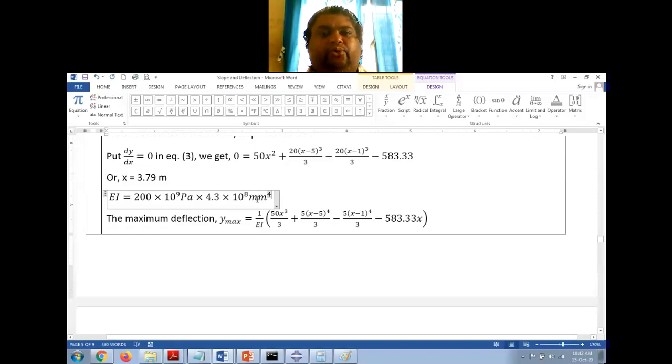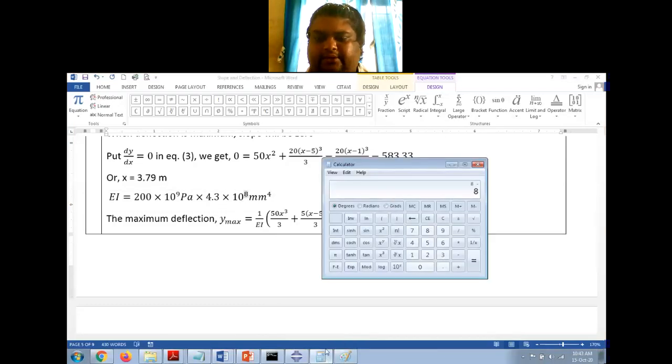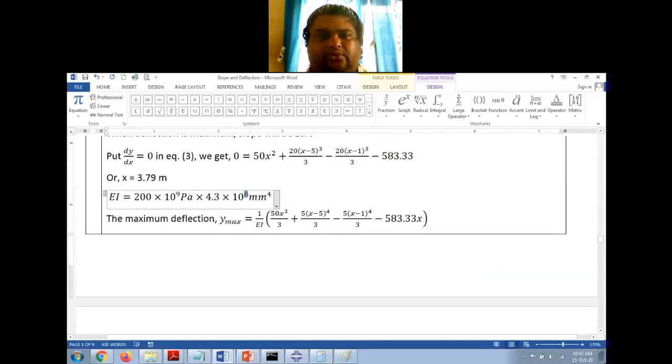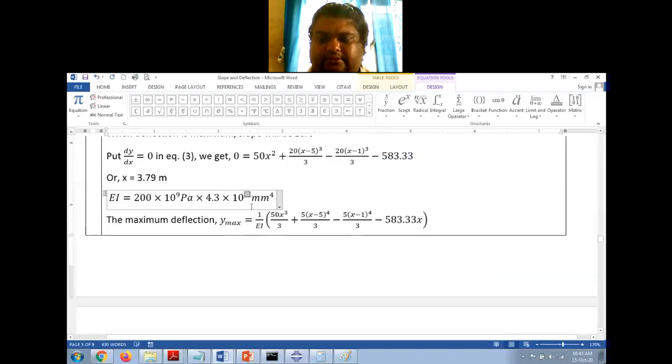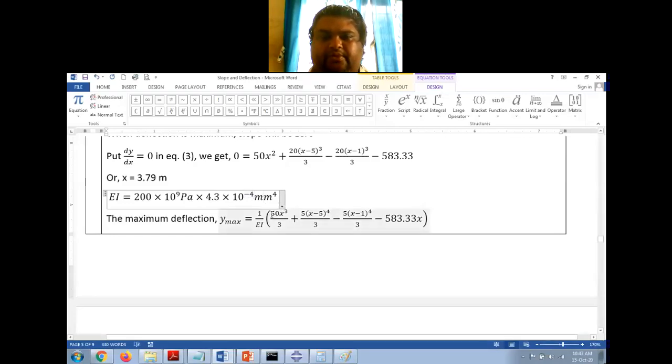Now this I have to convert to meter raised to 4, so I have to multiply this with 10 raised to minus 12. So 8 minus 12 is minus 4. So I'll just make this as minus 4 meter raised to 4, and this is Pascal. I have to make it kilopascal. So this will be 10 raised to 6 kilopascal. Now you just multiply these two values, you will get EI.